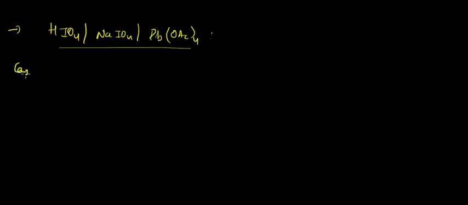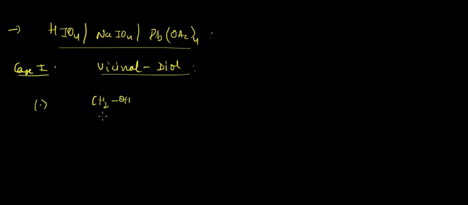Okay, so case 1, we have vicinal diol. So in vicinal diol we have first CH2OH and CH2OH here.